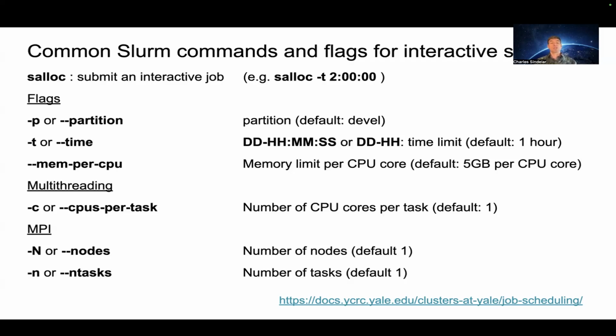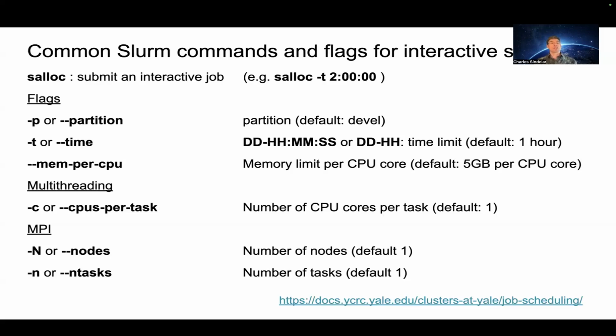Here it's important to note that if you don't request enough memory, your task may die because of an out of memory error. However, if you request more memory than you need, then you are also limiting the amount of resources for other users. So it's a balance.